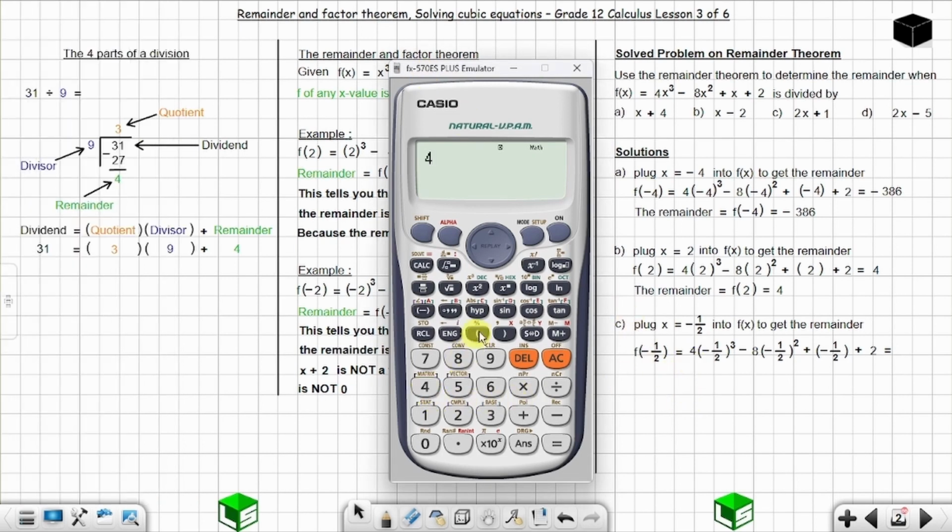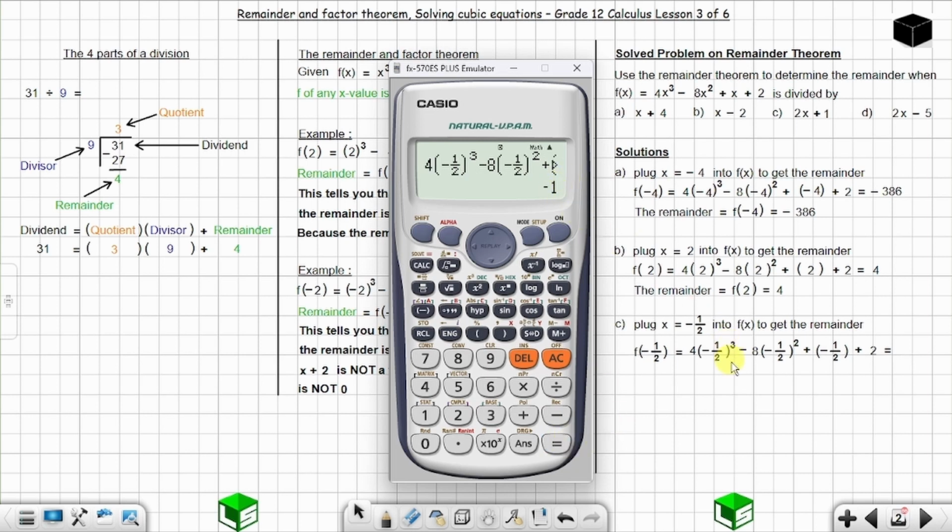So I have 4 and in bracket negative 1 over 2 to the power of 3 minus 8 times in bracket negative 1 over 2 to the power of 2 and then plus negative 1 over 2 and then plus 2.